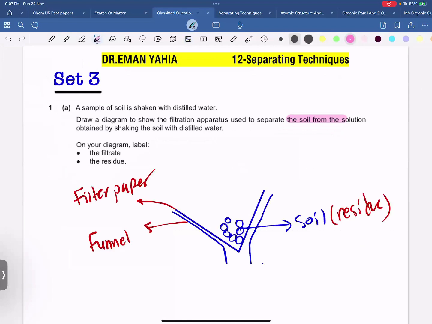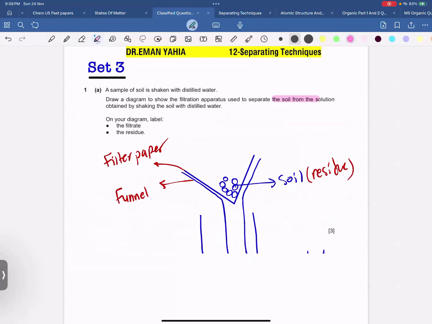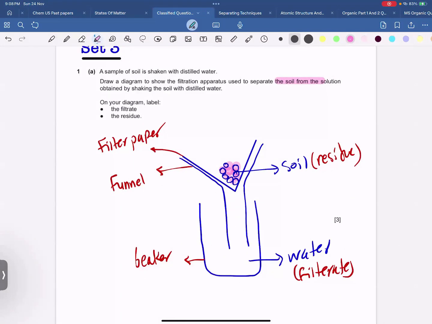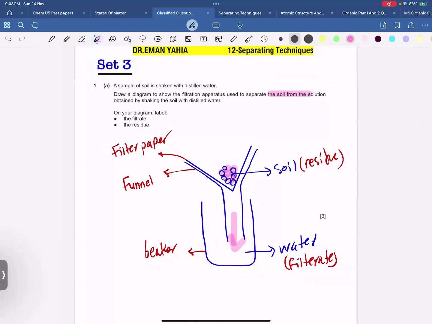So first, draw a funnel and beaker. Then don't forget to draw filter paper inside the funnel. And then the residue, soil, is going to remain in the filter paper, but the solution can pass through the filter paper as the filtrate.